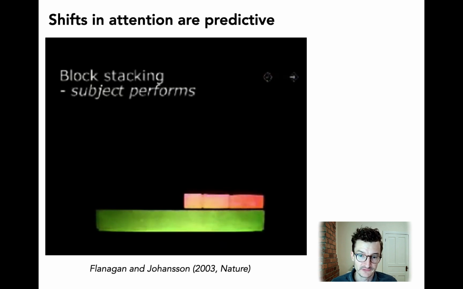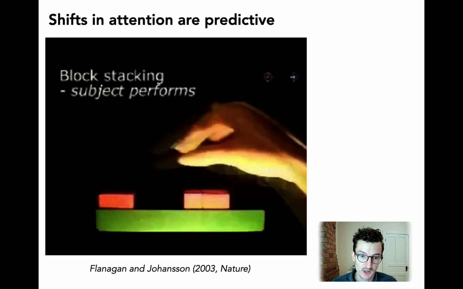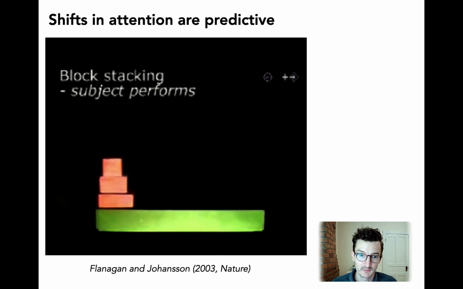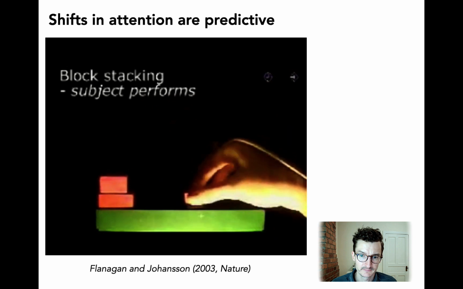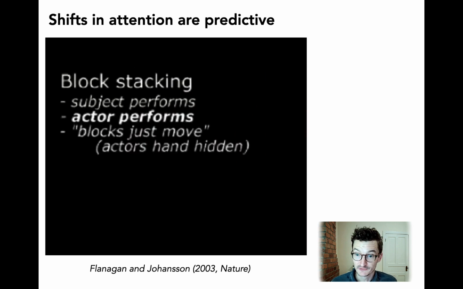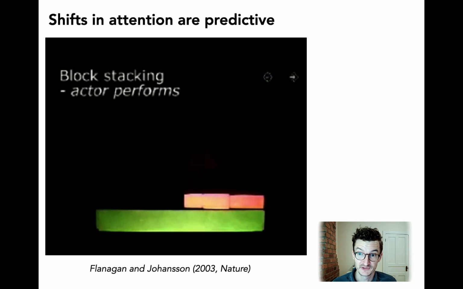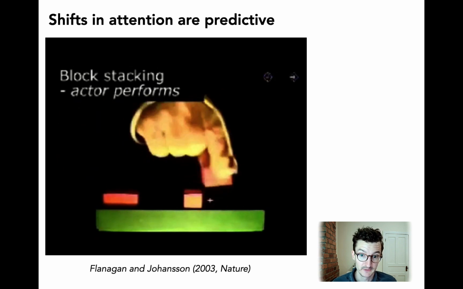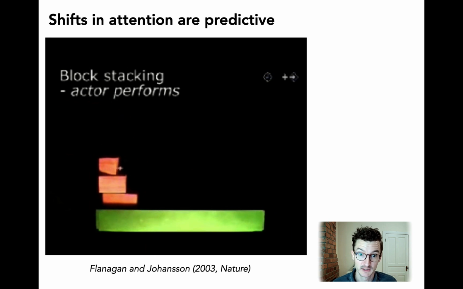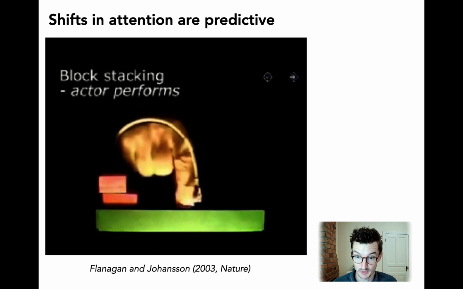And so here we're seeing somebody stack blocks, and again their eye movements are reflected by that white cross. You can think of that as where they're paying attention. And as you can see, their shifts in attention are predictive. Here they're watching somebody stack blocks, and again, their shifts in attention are predictive of what's going to happen.